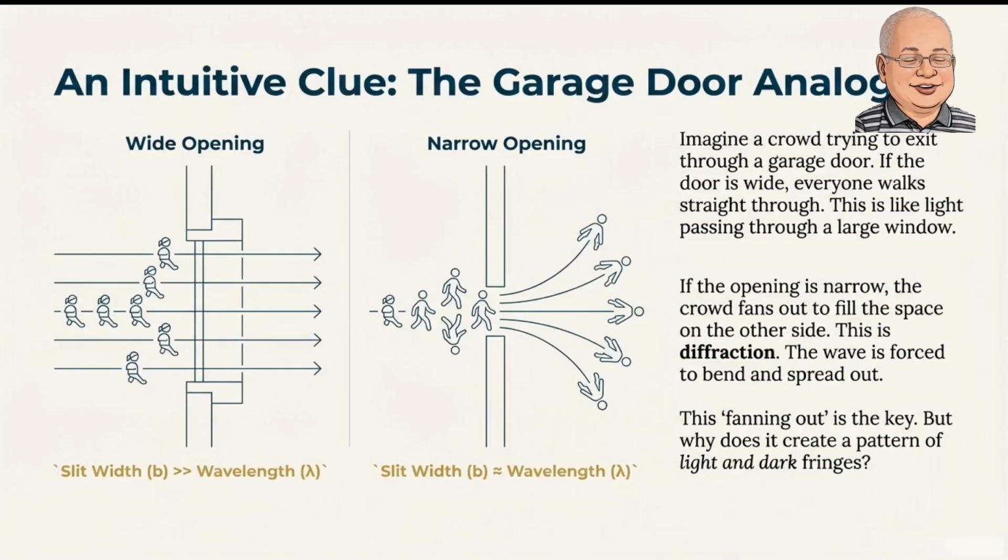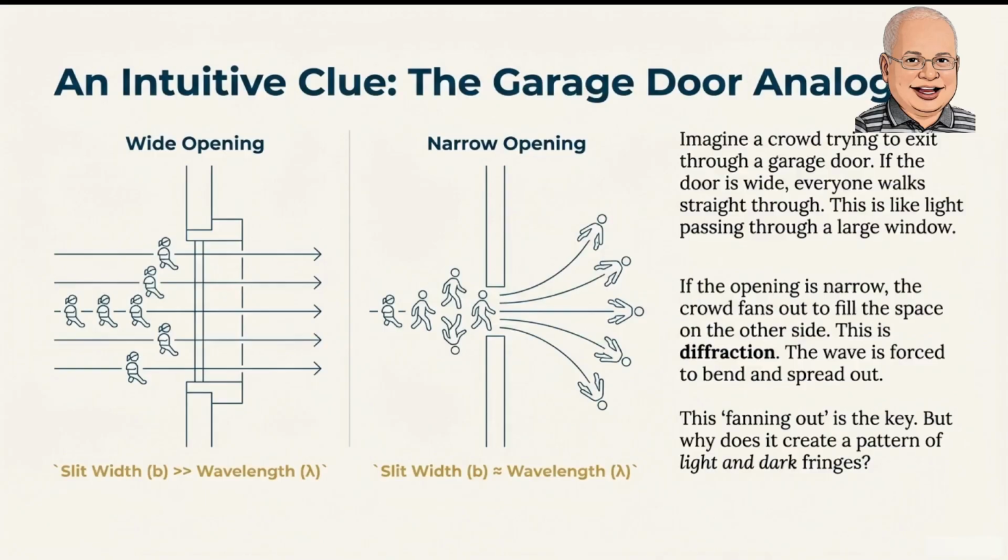Now, intuitively, let us see a classroom door or a garage door. If the door is widely open and many students or many people are coming, the wide opening is the slit width, opening is width b. If it is wide, then if the crowd is trying to exit through that door, everyone will walk straight through it without any problem.